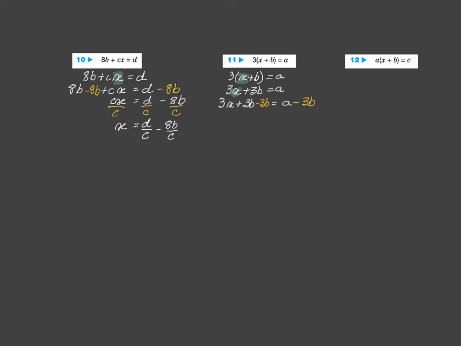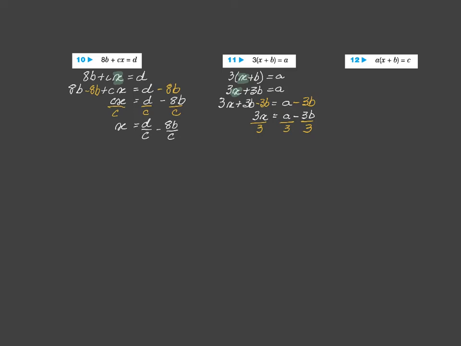Then on the left we have 3x is equal to, on the right, a minus 3b. We're going to divide by 3 on both sides so that we have x. And remember to divide each term on the right side.